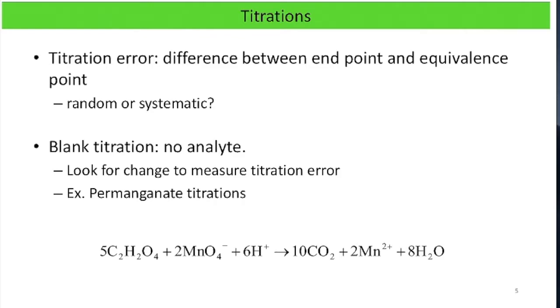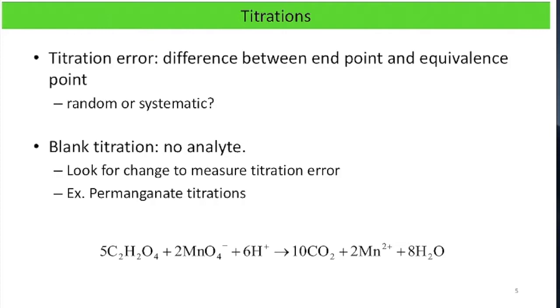If the indicator, for example, is phenolphthalein, and we start with an acidic solution, as we're adding base to it, eventually the indicator turns pink. Now why does it turn pink? Well, it's turning from its acidic form, which is colorless, to its basic form, which is pink. So you're actually titrating the indicator as well as the analyte.